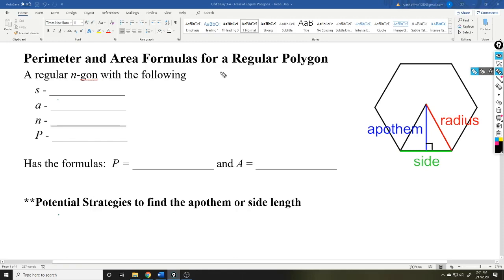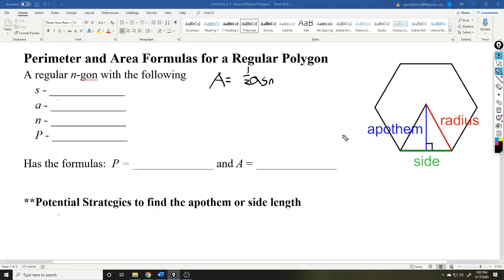which is this idea of the area of a regular polygon. Area equals 1/2 the apothem times your side length times your number of sides.